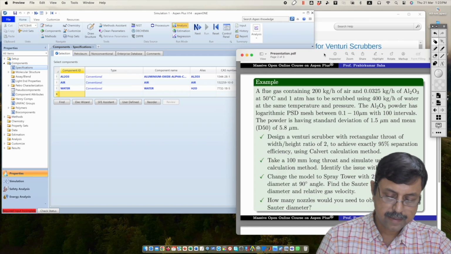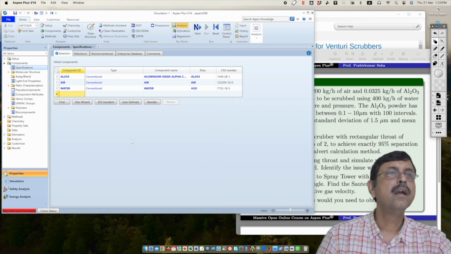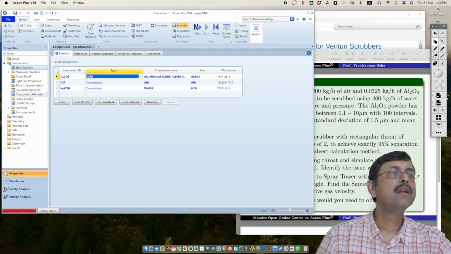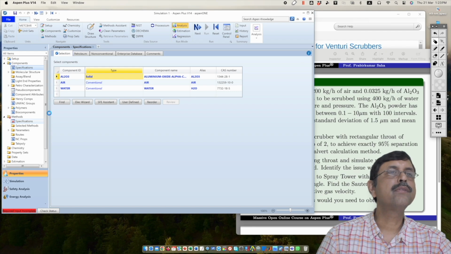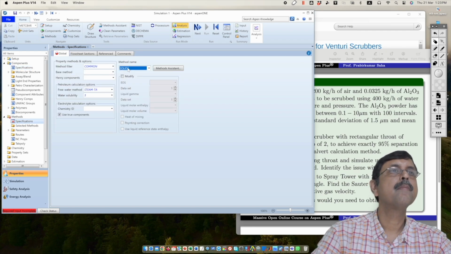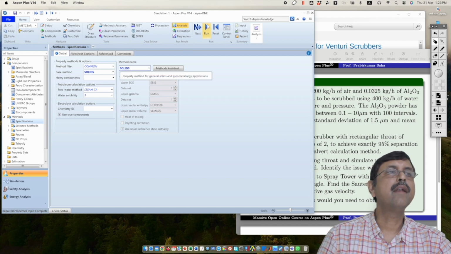These 3 things are there. Obviously, this will be solid. Another 2 are conventional. We'll go and choose the methods, which is solid, and run.